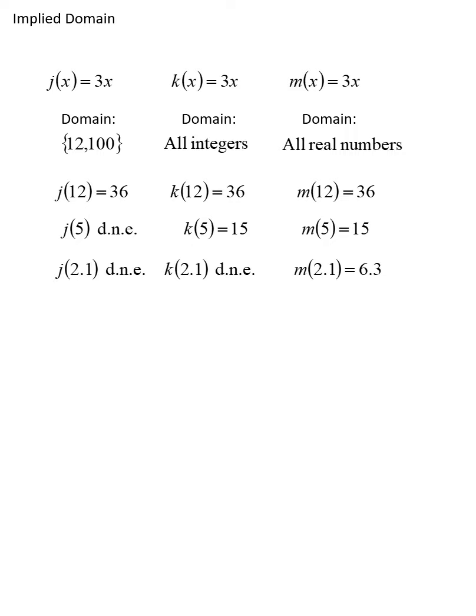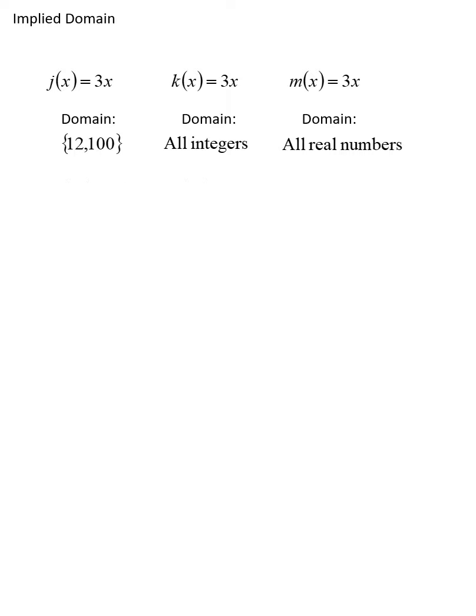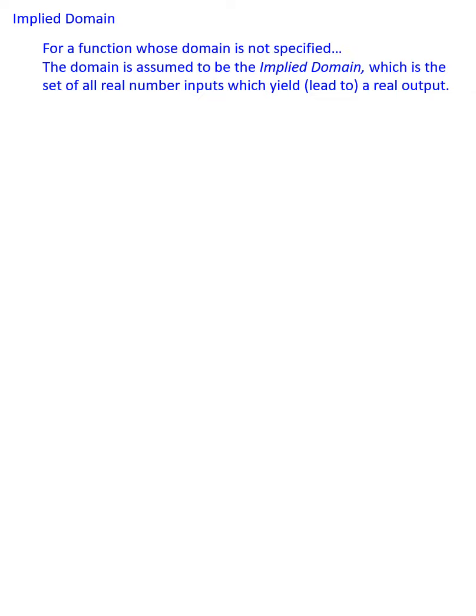Now, I haven't told you yet what implied domain is. Implied domain is the domain that we are to assume the function has if the author neglects to state it. Here's a more formal definition.